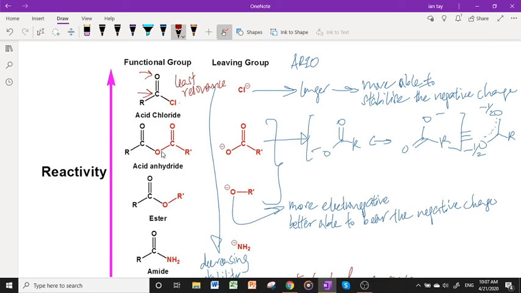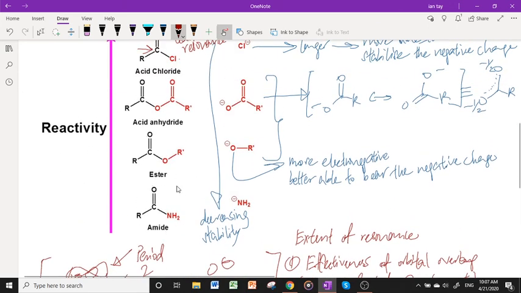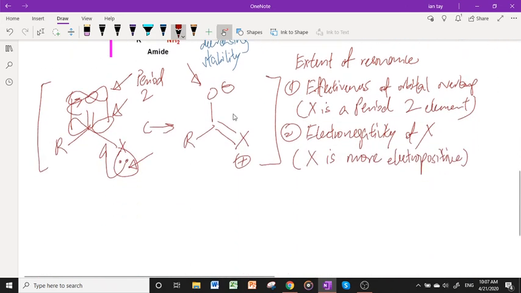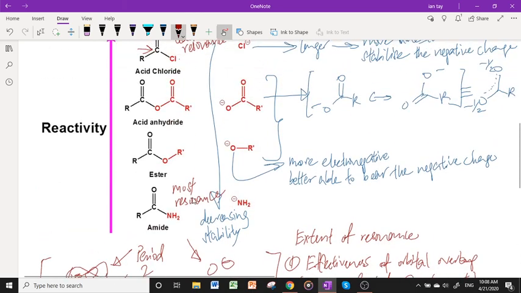And comparing the ester and the amide, we realize that the amide has the most resonance, or perhaps a more accurate term would be that this resonance structure is more contributing, but we'll just say it has the most resonance because the nitrogen atom is less electronegative than the oxygen atom, making this lone pair more available for donation.